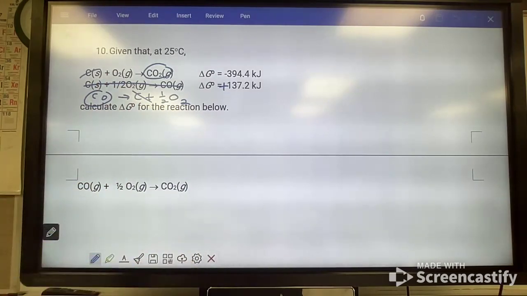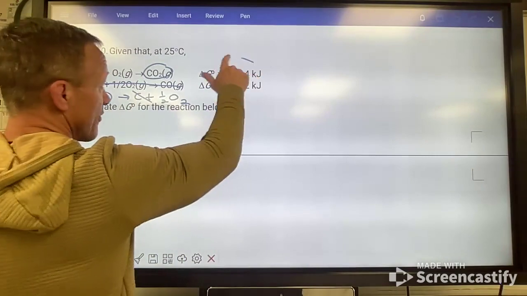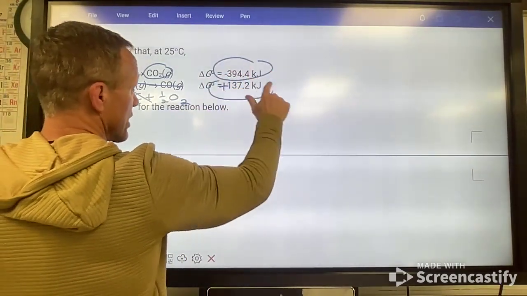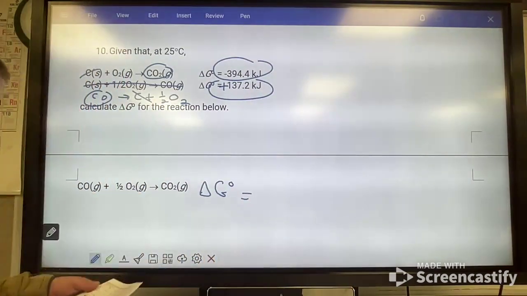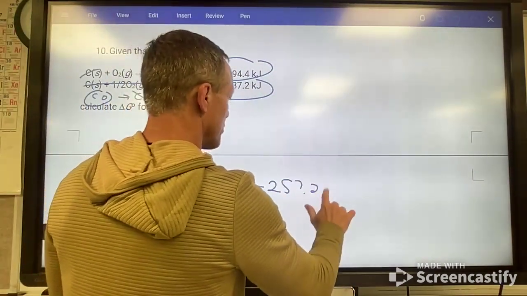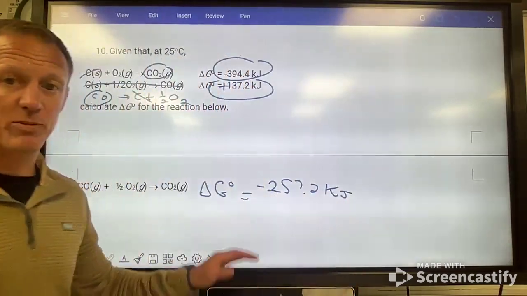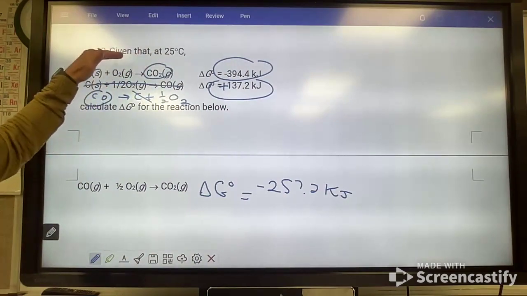That's what we want to have. So that equals that. Then we just add those together. So a negative 394 plus a positive that. This delta G then for this overall reaction would be a negative 257.2 kilojoules. So that means this is a spontaneous reaction. This one would be non-spontaneous. That's spontaneous.